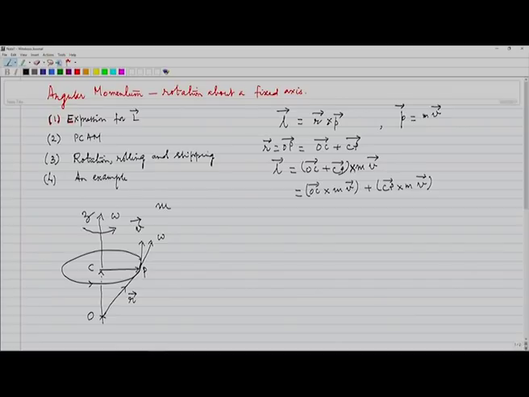And now CP has a name. This is what is called R perpendicular. We had seen this in an earlier lecture.